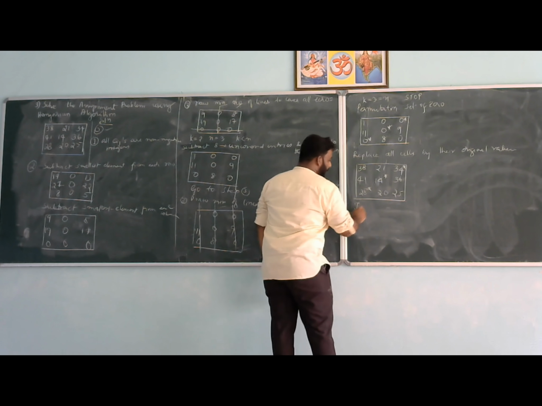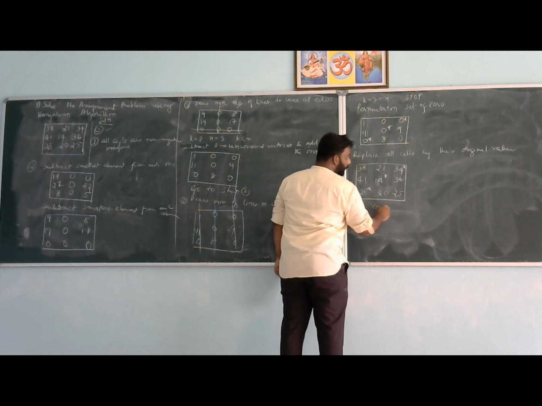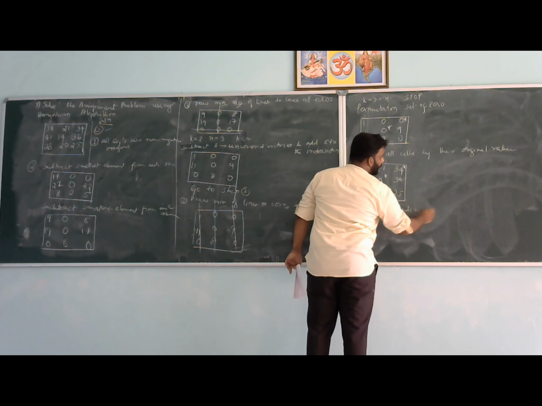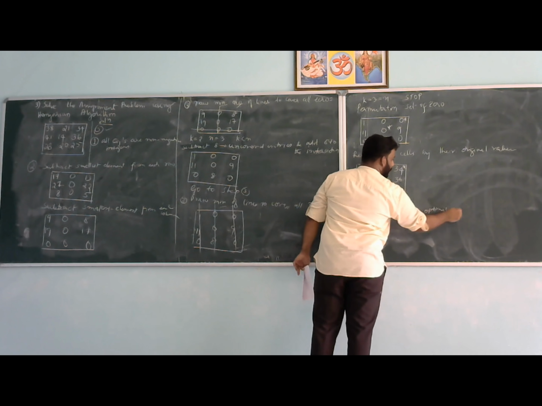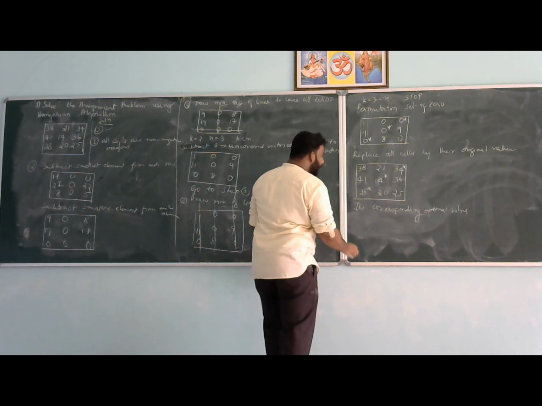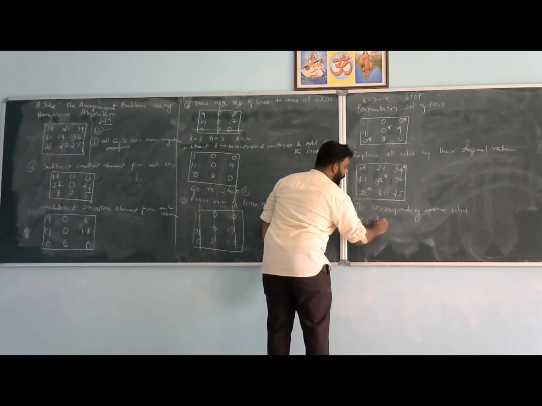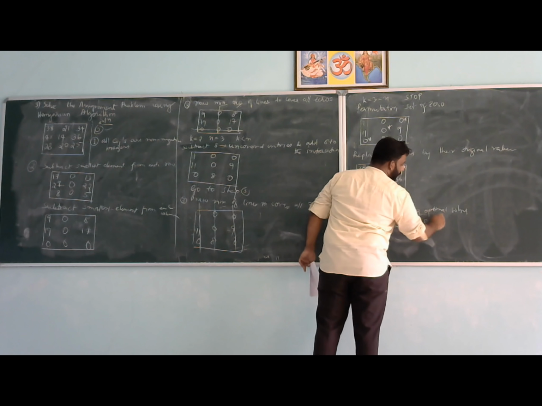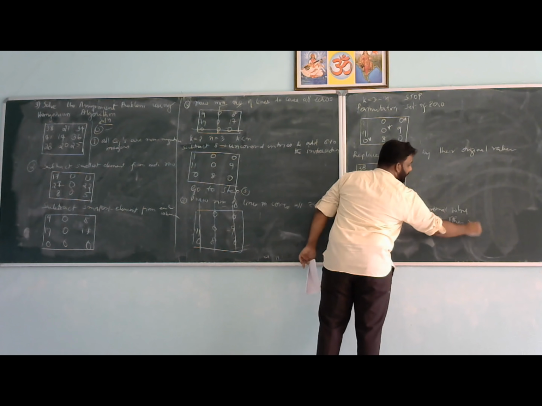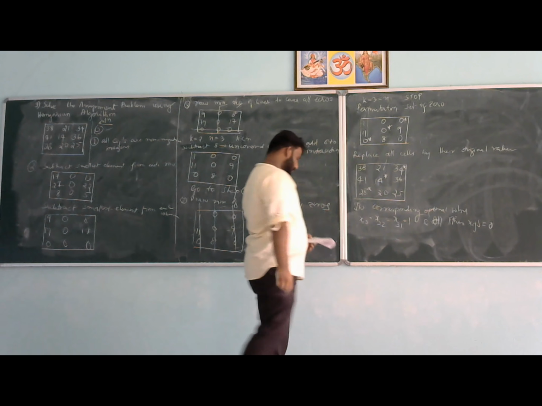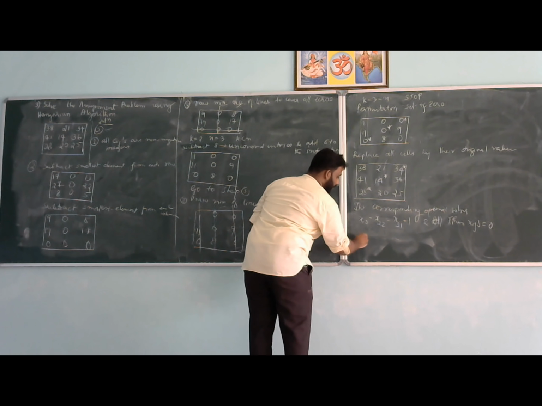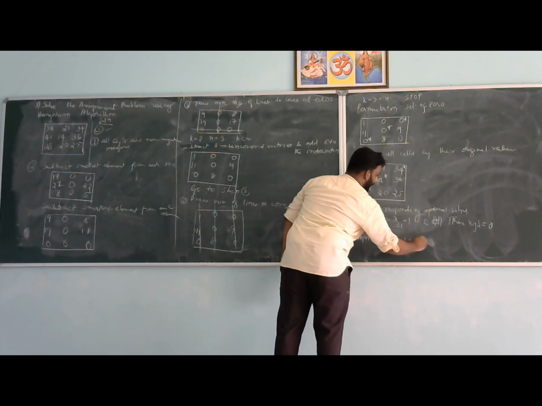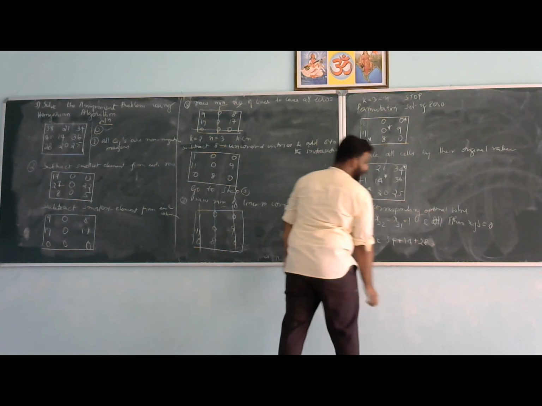The corresponding optimal solution is x13 is equal to x22 is equal to x31 is equal to 1, and all other xij is equal to 0. Now the minimum cost is equal to 34 plus 14 plus 28, which is equal to 76.